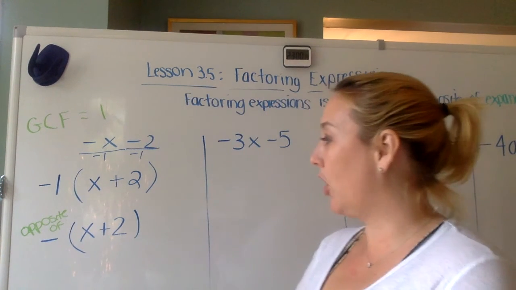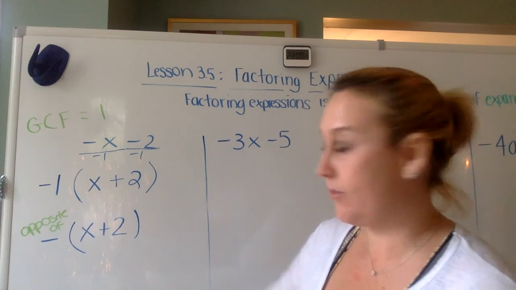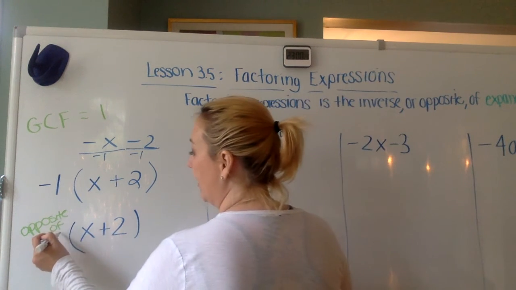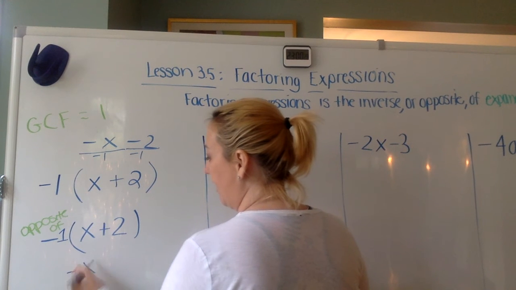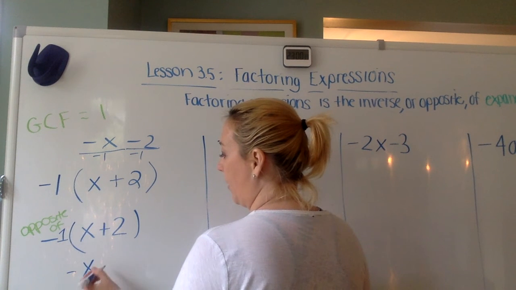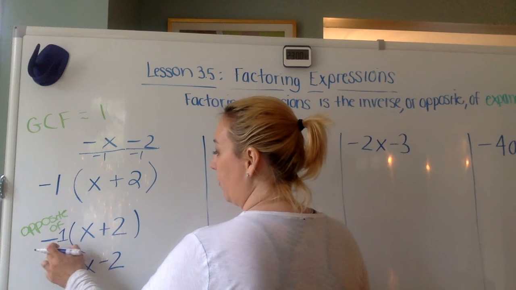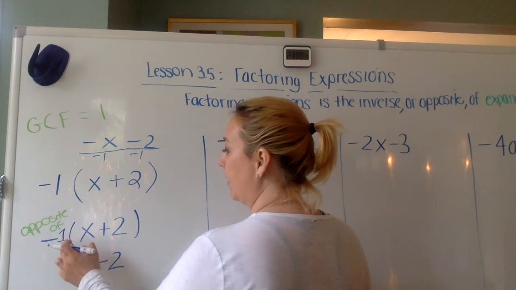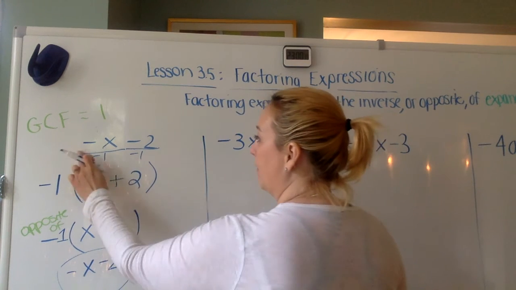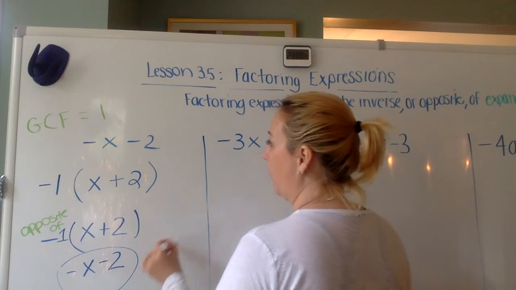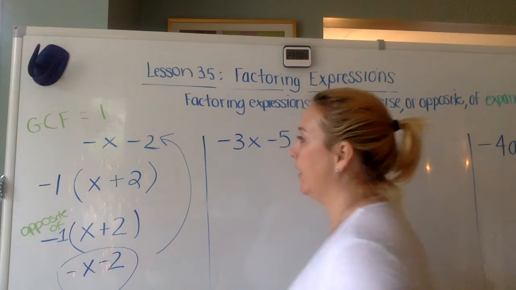Well, what is the opposite of x plus 2, or if I'm going to distribute a negative 1 here? Negative 1 times positive x is negative x. Negative 1 times positive 2 is negative 2, because a negative times a positive is a negative. And I'm back to negative x minus 2, which is where I started up here.